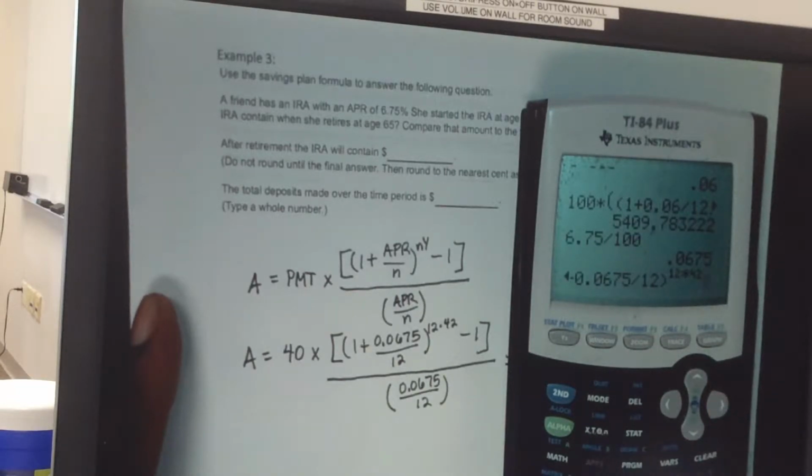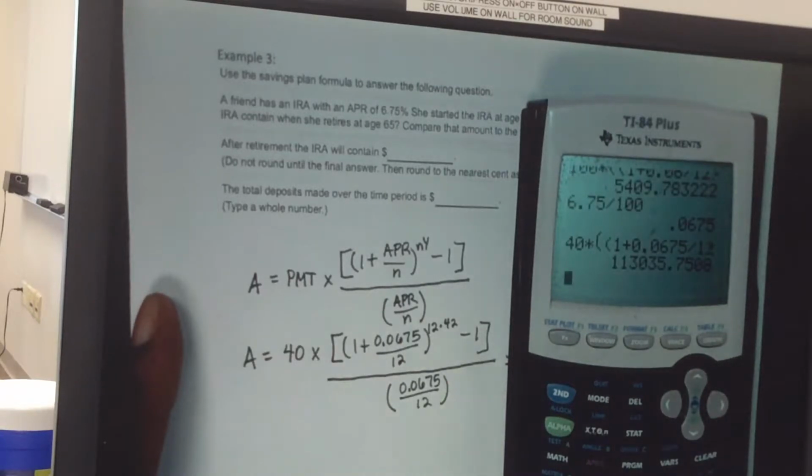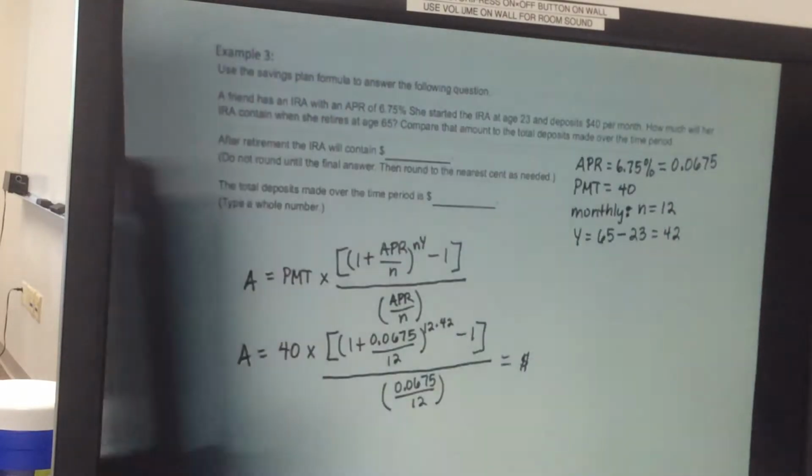Then use the right arrow key, minus 1, close parentheses, and then that's going to be divided by, and then left parentheses, 0.0675 divided by 12, close parentheses, and then hit enter. Now in this case here, it's going to be $113,035.75 if we round it to 2 decimal places.